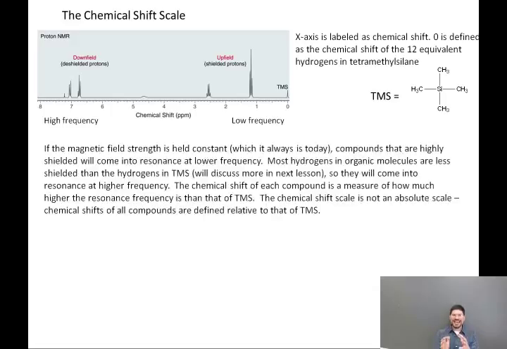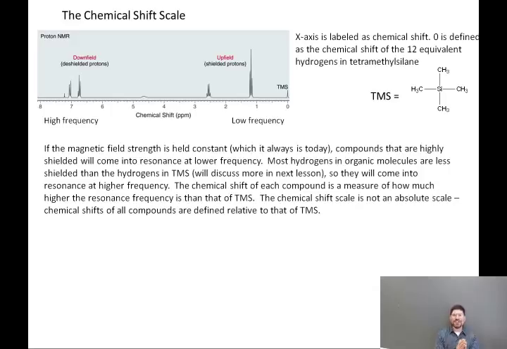If the magnetic field strength is held constant, which it always is today, compounds that are highly shielded, such as TMS, will come into resonance at lower frequency. Most hydrogens in organic molecules are less shielded than the hydrogens in TMS, so we'll discuss this in more detail in the next lesson, so they will come into resonance at higher frequency.